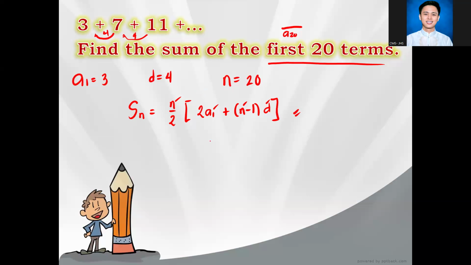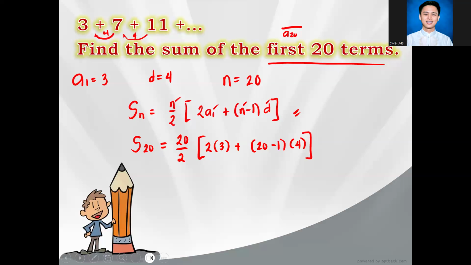So let's do substitution. S sub n, we are adding 20 terms. n over 2 stands for 20 over 2. And then 2 times a sub 1, the first term is 3, plus n minus 1, what is n? 20. So you can write here 20 minus 1 times d, our d is 4, right?